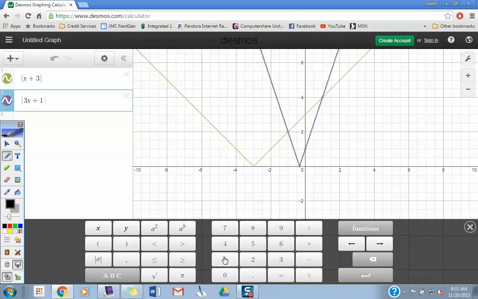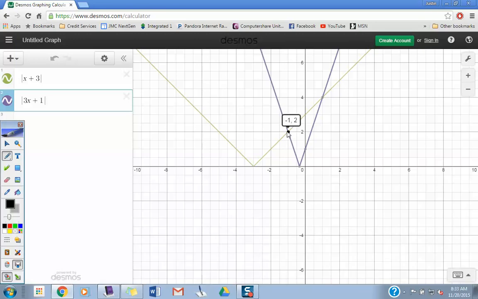Guys, how many points of intersection for the green graph and the purple graph? 2. So how many x values to this? 2 of them. All right. Real quickly, right here, what's one solution going to be? -1. How about my second solution? 1, right? Going to be 1.